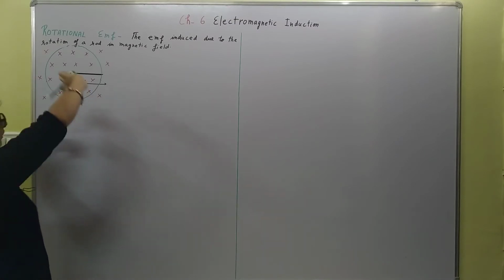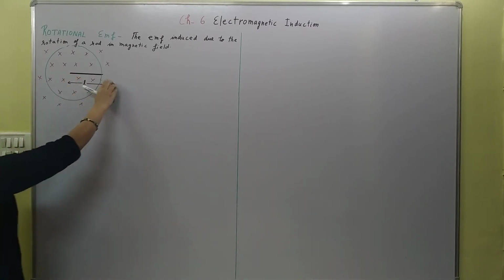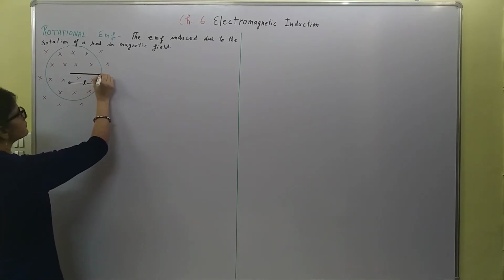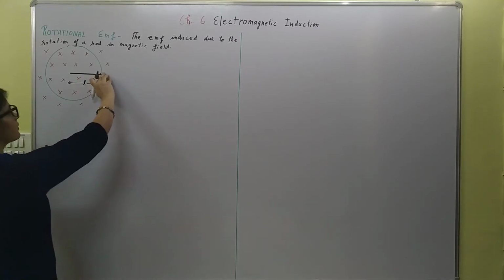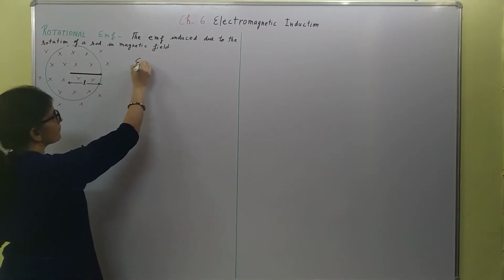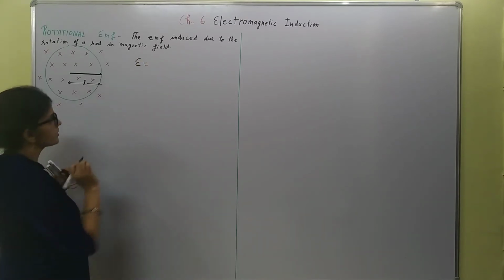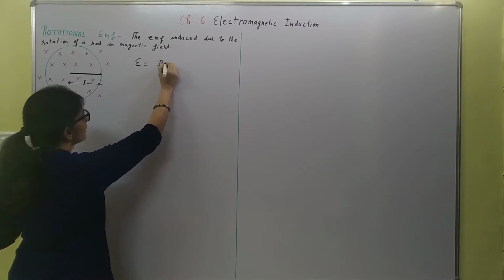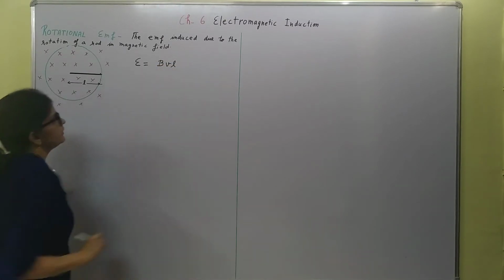So the value of motional EMF, due to the motion of a rod, is simply BVL.